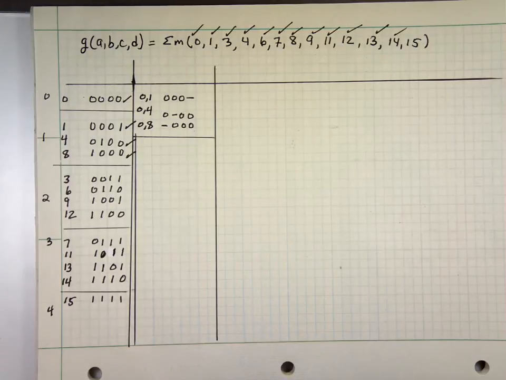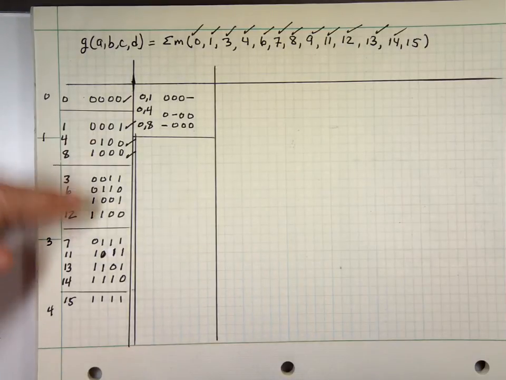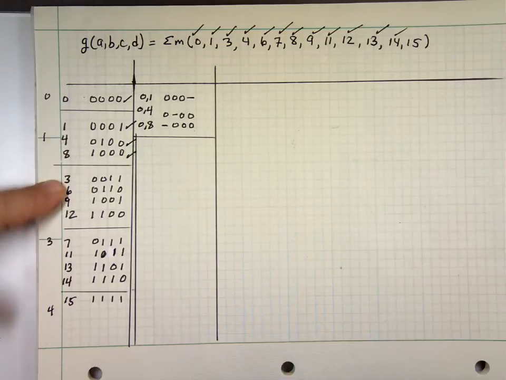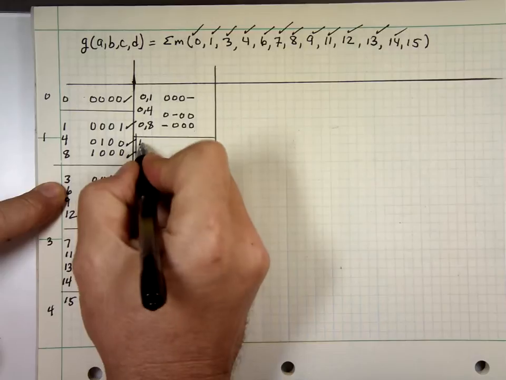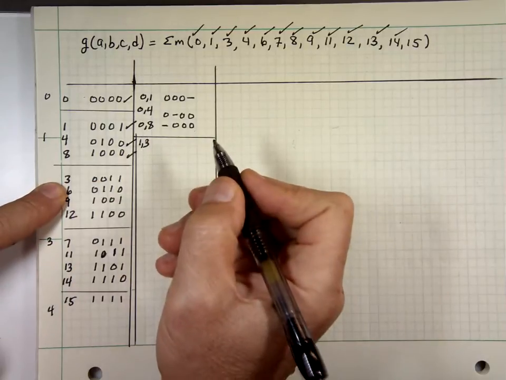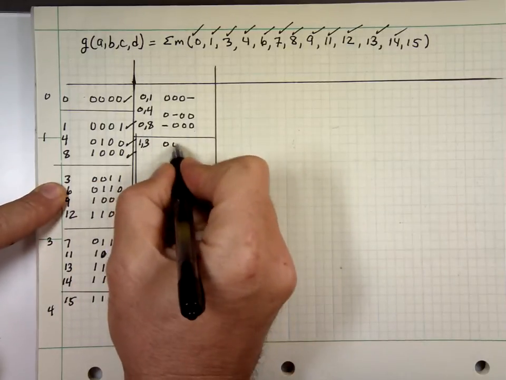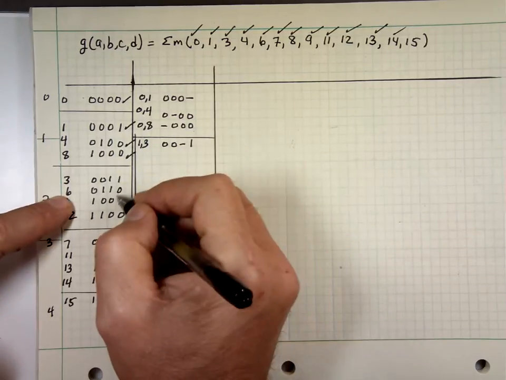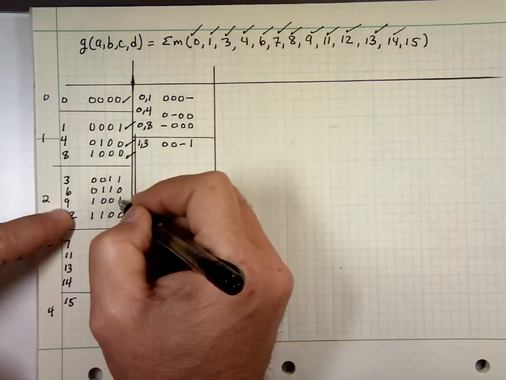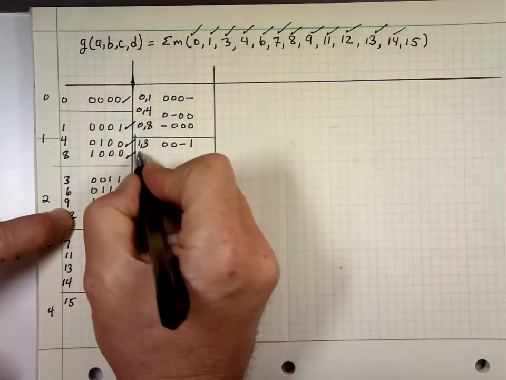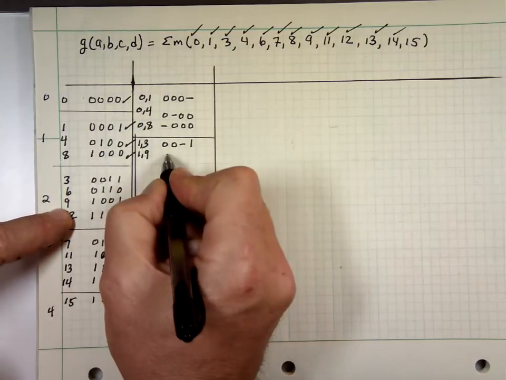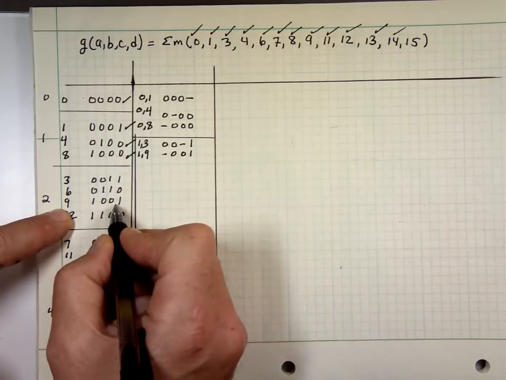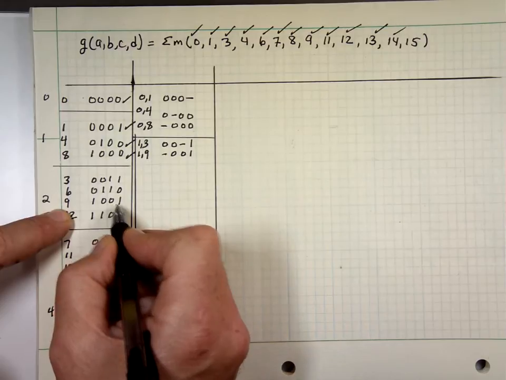Let's look at this and this. 1 and 3. 0, 0 dash 1, right? 1 and 6. Nope. 1 and 9. Yes. Dash 0, 0, 1. 1 and 12.